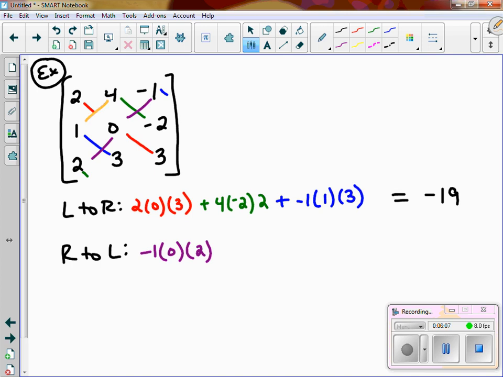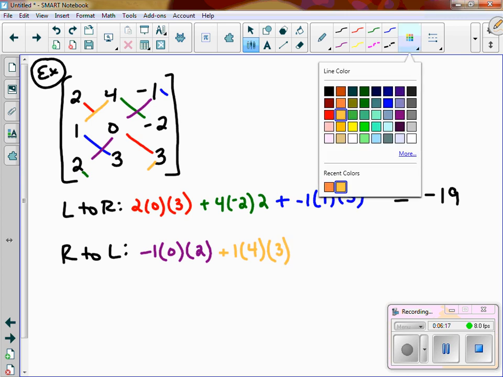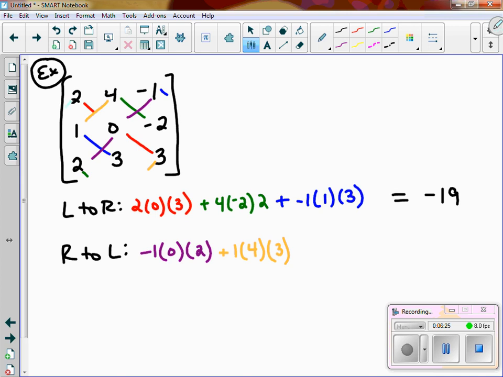That 4, 1, and 3. And if I pick yellow, yellow will be too bright to see. Let's go with a teal color. So then my last diagonal is that 2, negative 2, and positive 3.